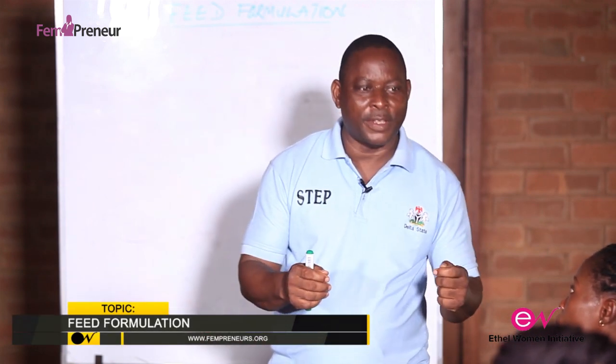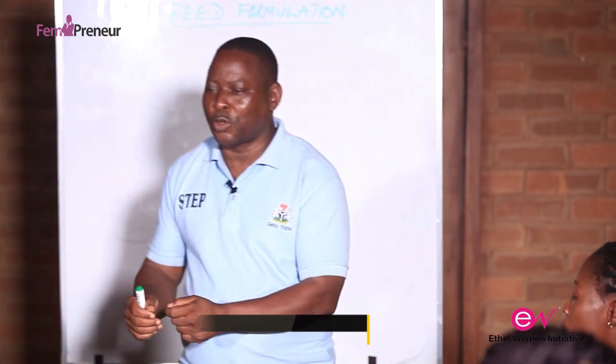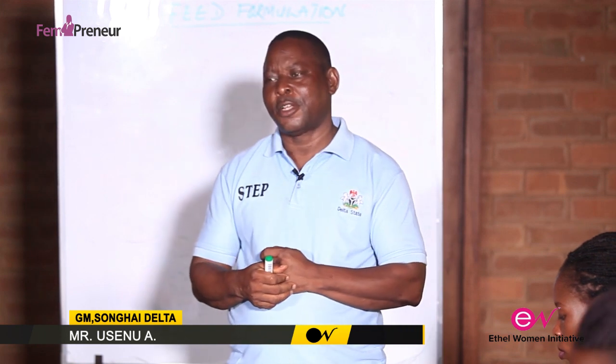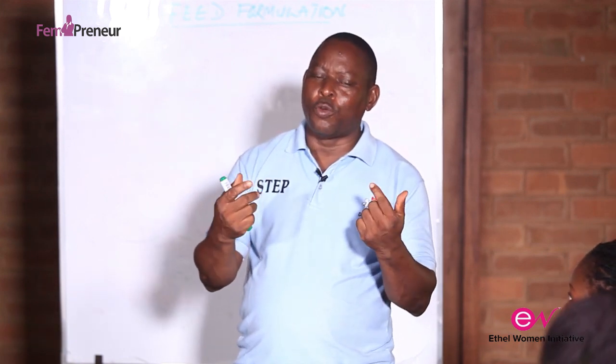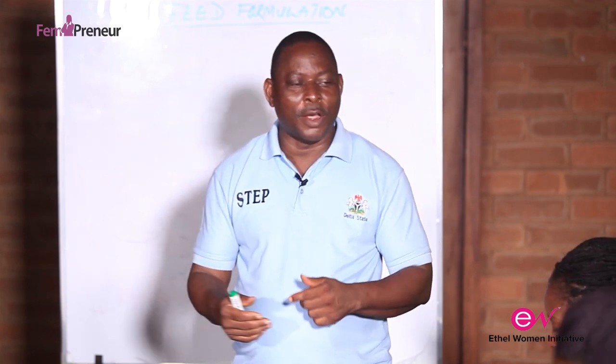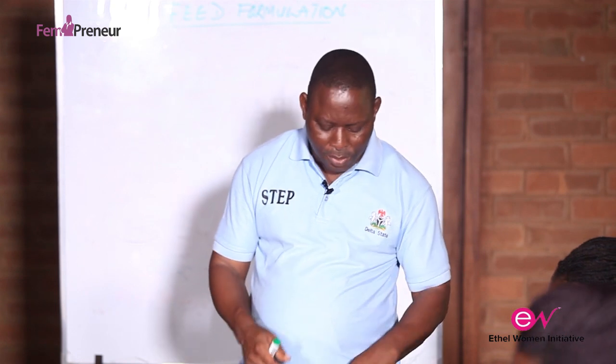And if I decide to select the one that is very expensive, it means that my final product, which is the feed, will be very, very expensive. So we have to consider the economic value and, unquote again, the cost of that raw material. Because you don't have them, you are going to buy them. Is that not so? Good.